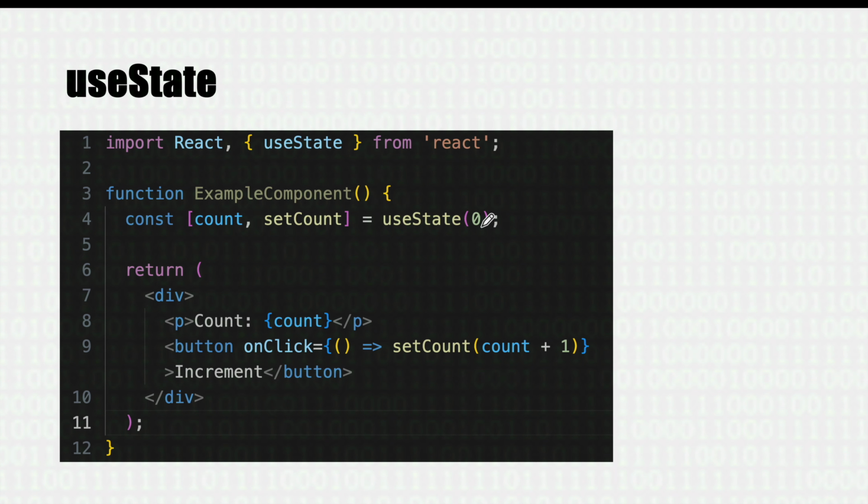useState is a hook which is basically used to maintain the state of the component. In this example, this is where we are using this hook. What does it mean? It means that we have a state which is count. The initial value of count is assigned to 0, and we can change the value of count by this function, setCount.